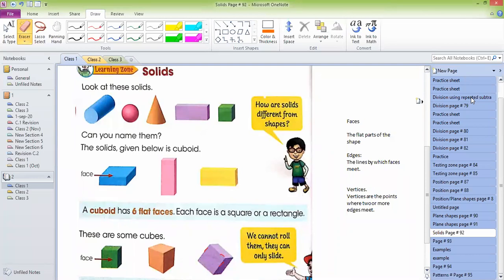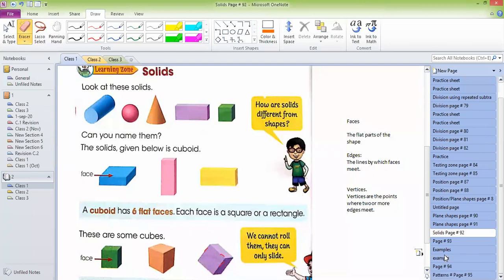But in a cuboid, all faces cannot be square. If all faces of a solid are squares and they have six faces, eight vertices and 12 edges, that means this solid is a cube, not a cuboid. In a cuboid, some of the faces can be rectangles and some of the faces can be squares. All faces can be rectangles like this.